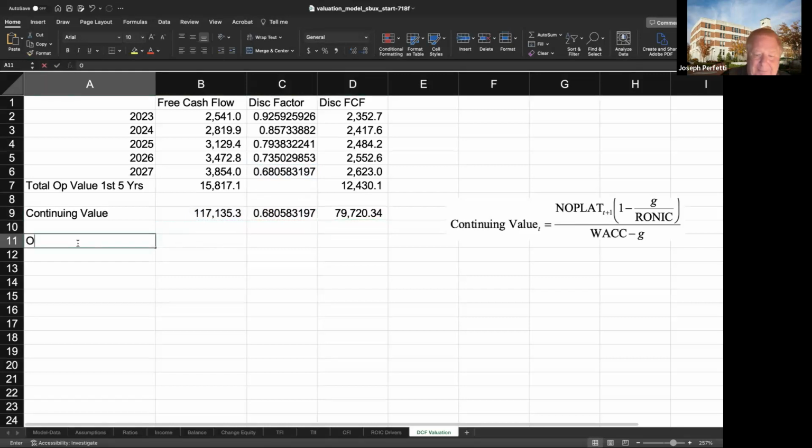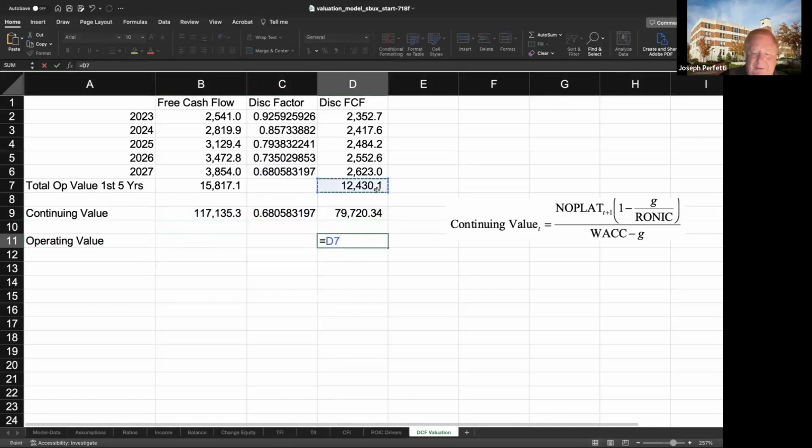So my operating value of Starbucks, the value of all its free cash flows in present value, today's dollars, is the first 5 years plus the continuing value, or $92 billion worth of operating cash flow value is what we're forecasting for Starbucks if our ratios and assumptions come true. That's the operating value.